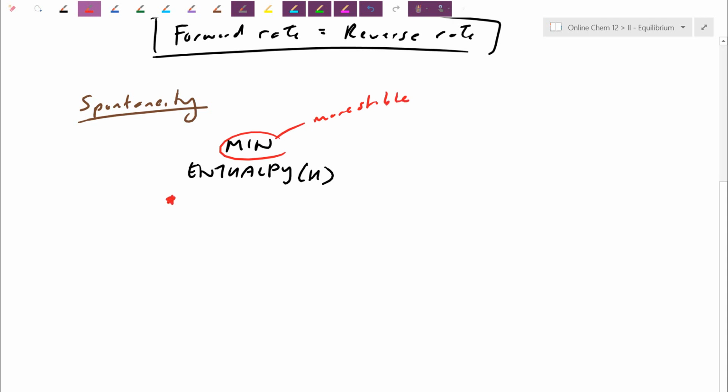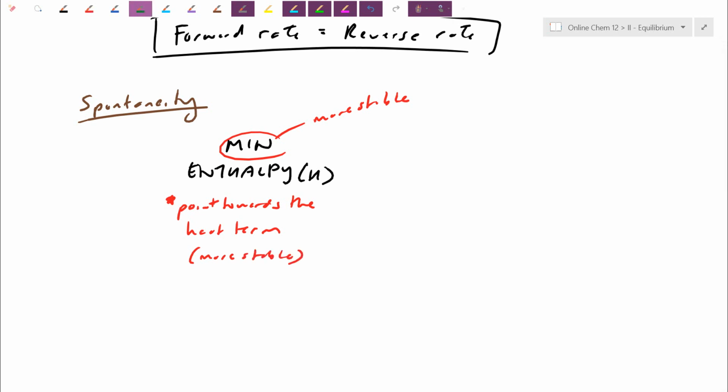The minimum enthalpy side is going to point towards the exothermic direction, or simply you can say it points towards the heat term. In that direction, you're pointing towards the side which has less energy, the side that has more stability, right? That's only half the story though.